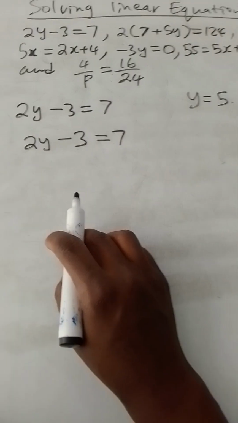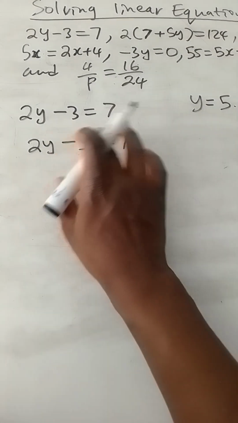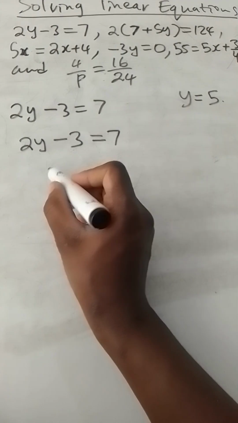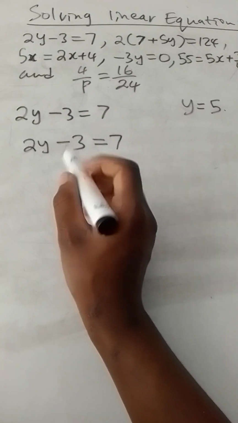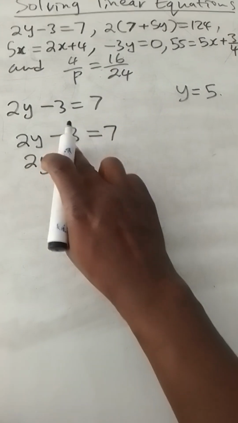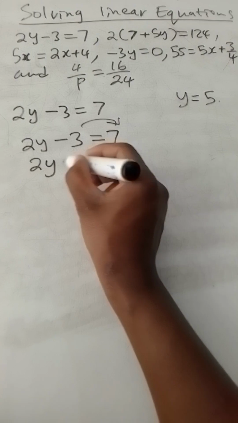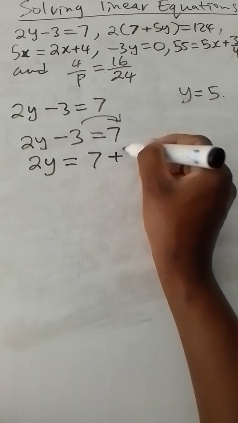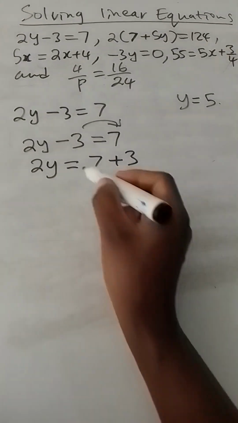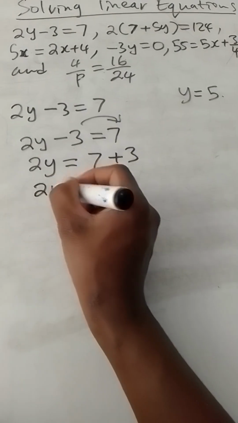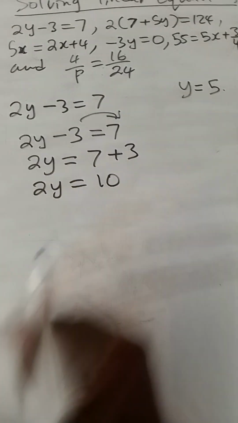Then the second step is to take all the variable terms to one side and the constants to the other side. We have a constant here, so we have to transpose it. When you transpose, remember, you change the sign. So we're going to have 7 plus 3. That gives us 2y is equal to 10.